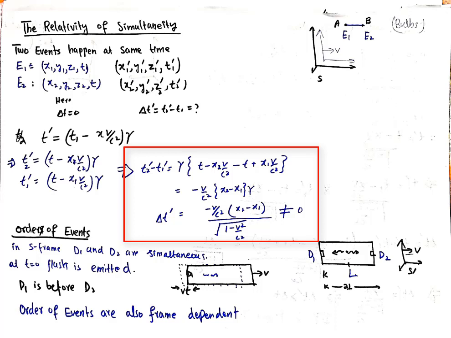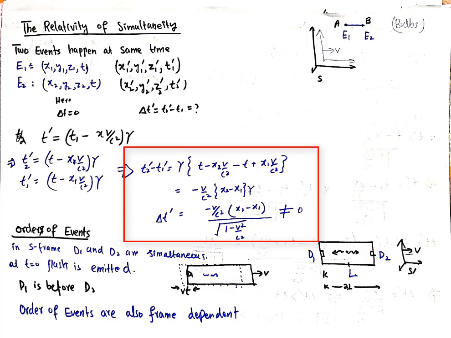So look here: the time interval t2 prime minus t1 prime, which I am calling delta t prime, is not equal to 0, because the factor x2 minus x1 is not equal to 0. It means that if we have two events in the S frame that are simultaneous in time but at different locations, x2 and x1, these two events cannot be simultaneous in another moving frame.